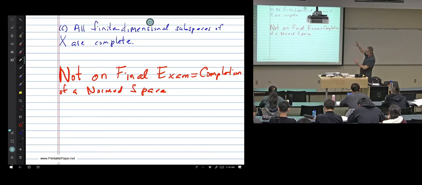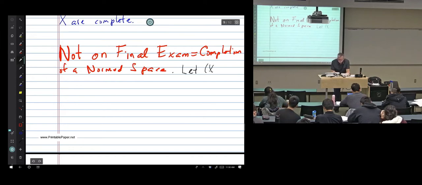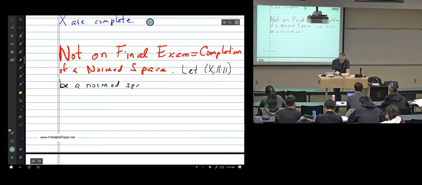So this is what I mean by the almost part, okay? I'm going to define a completion in a very rough idea. So let this be a normed space. Let me put a sub x on its norm.